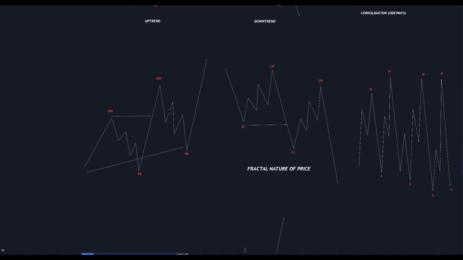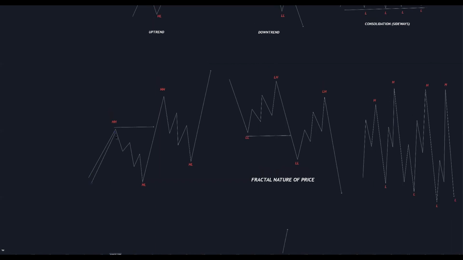Now this pullback, you do not want to be caught buying in a pullback, because the pullback will be a sell trend on a lower time frame. Can you see? So please be careful. Always make sure you annotate and analyze your price action well.